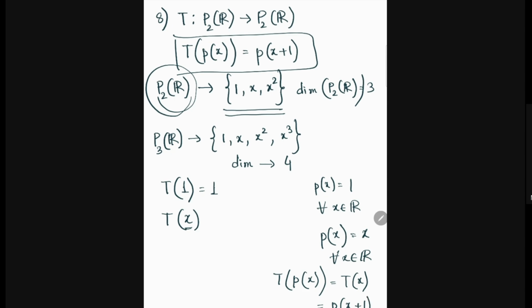So T of x will go to x plus 1. As this is an ordered basis, I will write it as T of x is 1 plus x.